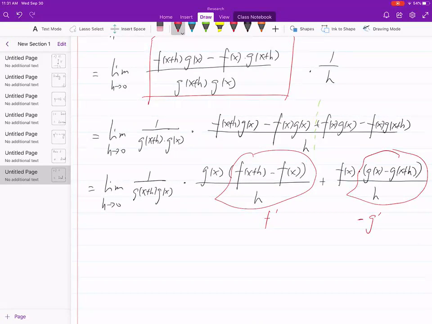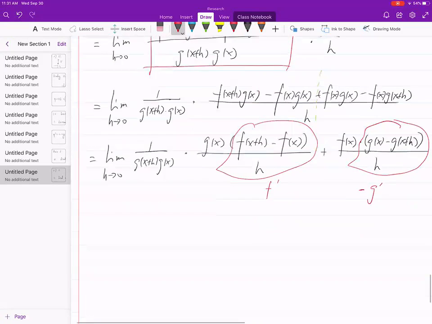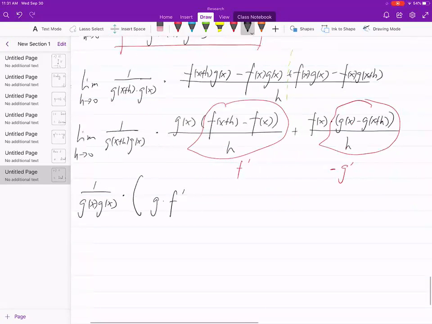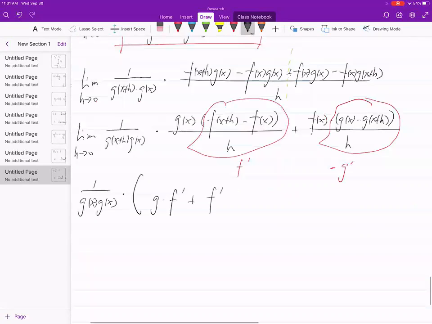Still okay? Now let's clean things up. First part gives you 1 over g(x) when you let h go to 0. The second part gives you g times f prime. The third part gives you plus f times g prime with a negative.